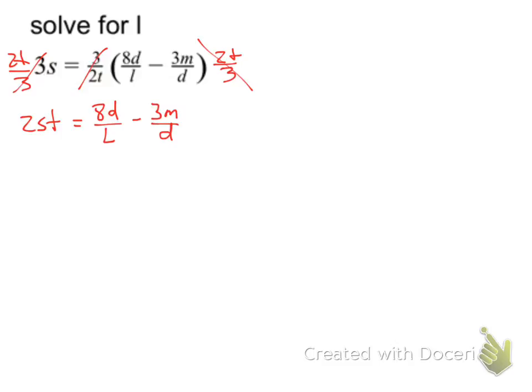The 3's here canceled. Then, again, I only want L. You add 3m over d.